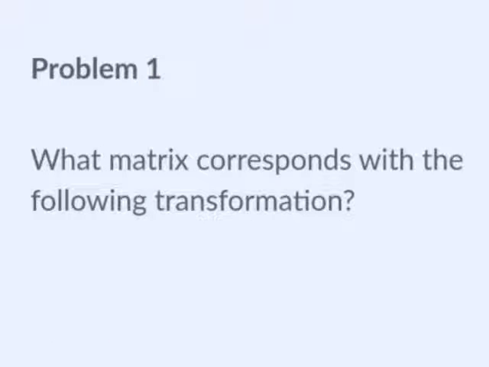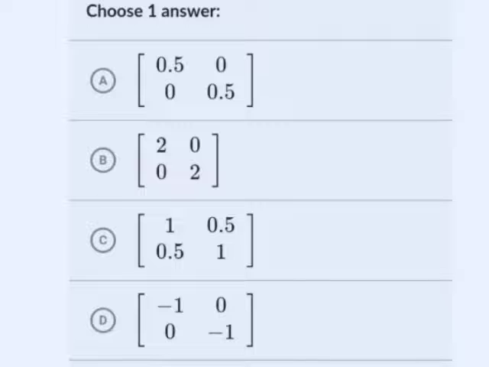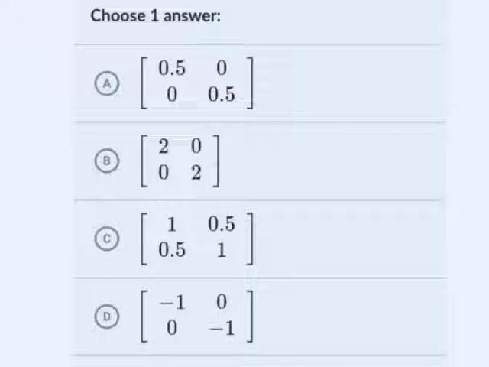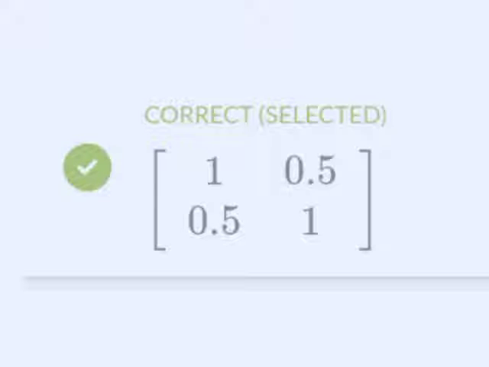So let's have problem 1. What matrix corresponds with the following transformation? I'm going to show you the transformation and we will find out the matrix that corresponds with that transformation. So here's the transformation. This time I will give you choices. If your answer is C, that is 1, 0.5, 0.5, 1, then you selected the right answer.